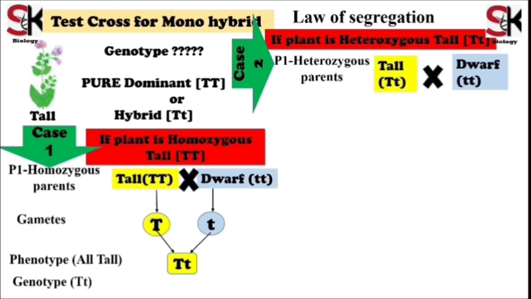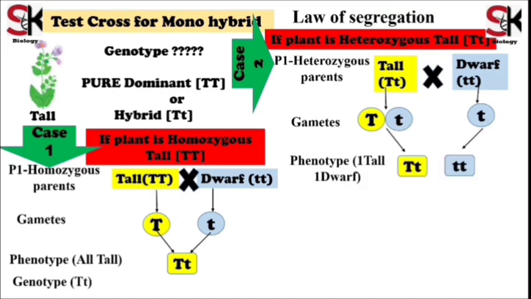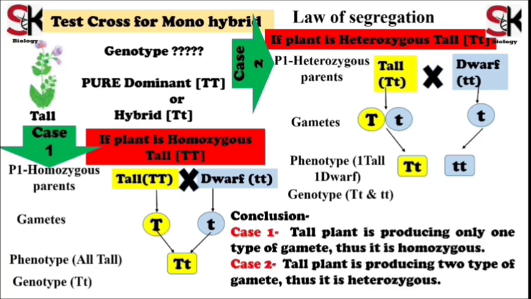Case 2 is if the plant is heterozygous tall, then it will produce two different types of gametes. After crossing with the homozygous recessive, it will give two types of plants, tall as well as dwarf.